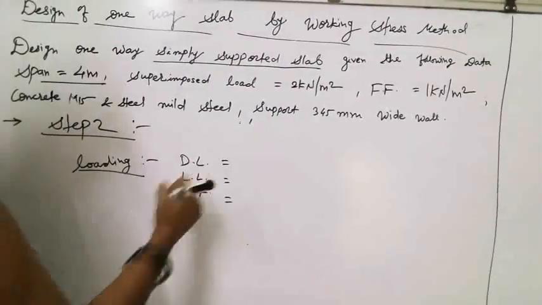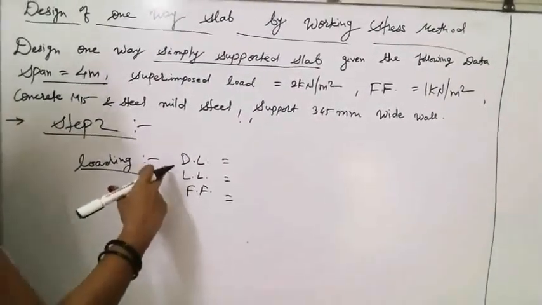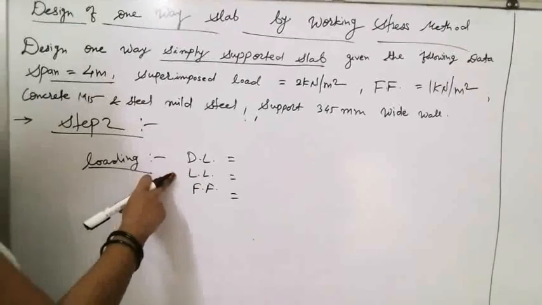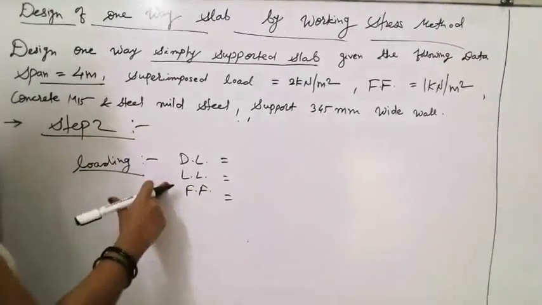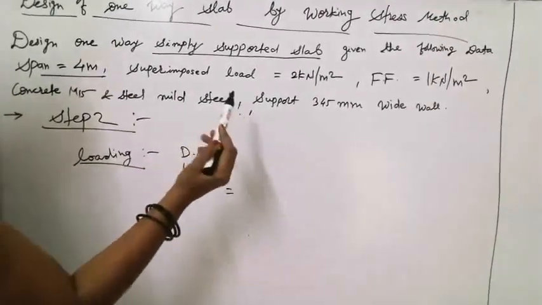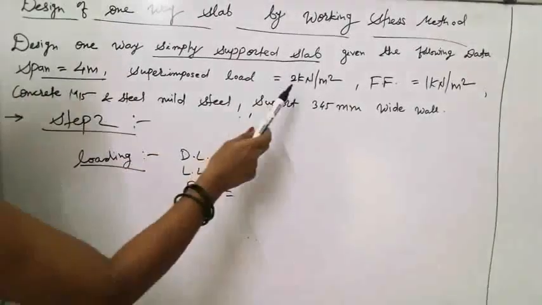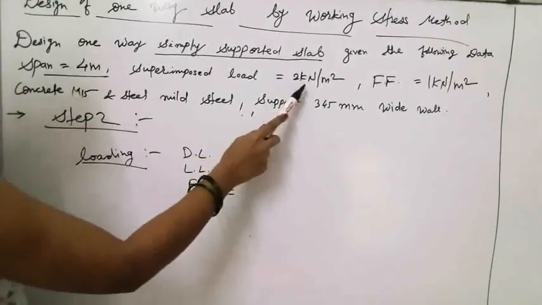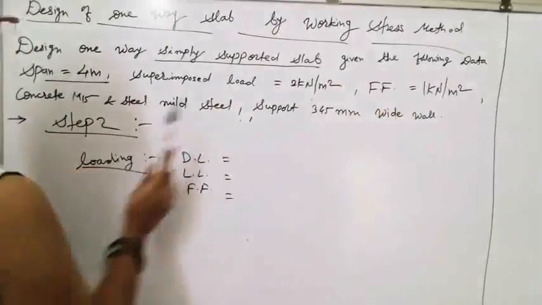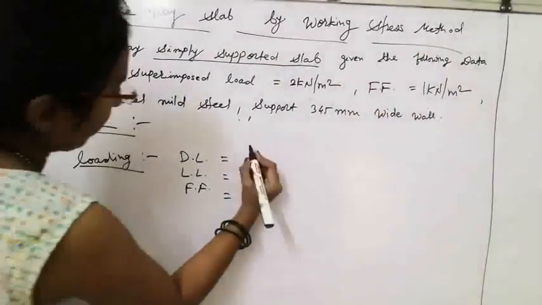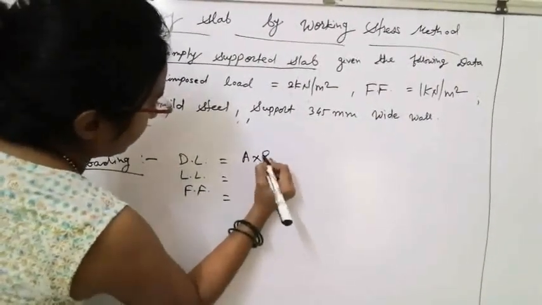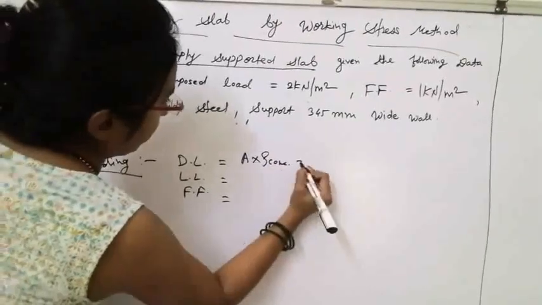Dead load is calculated with the help of IS 875 part 1, live load from part 2, but here we have been given the superimposed load, meaning live load. Floor finish is also given, and the dead load we can find out as area into density of concrete.